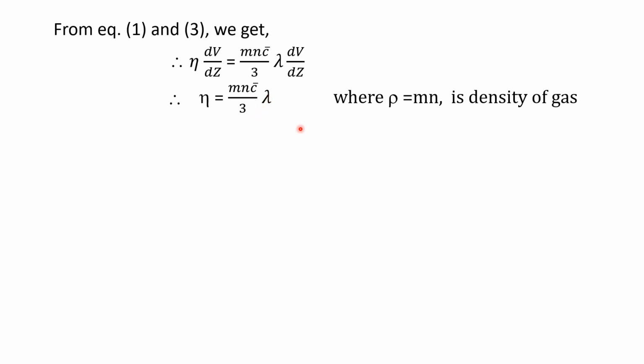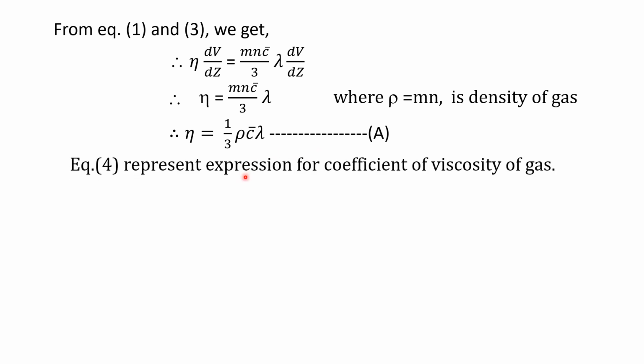Here, mass into number of molecules gives the density of gas. Hence, in terms of the density of gas, the coefficient of viscosity is written as eta equals 1/3 rho c bar lambda. Equation A is the required expression for the coefficient of viscosity of gas.